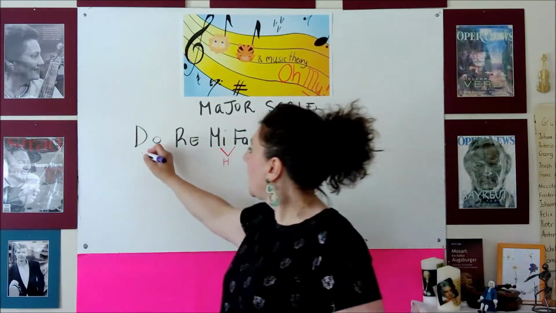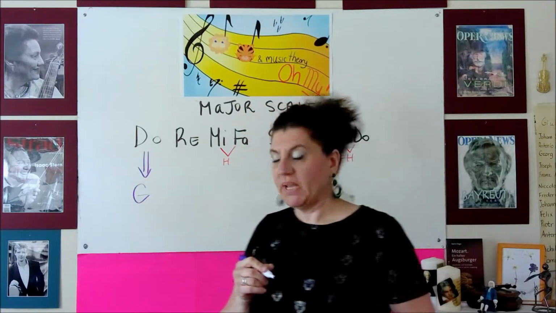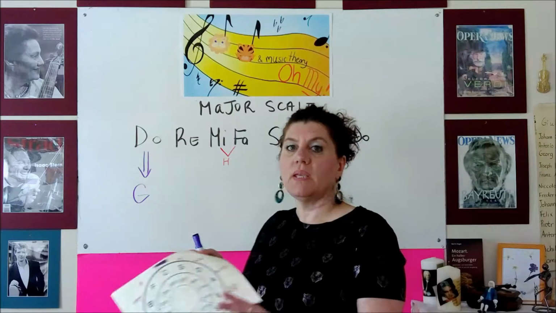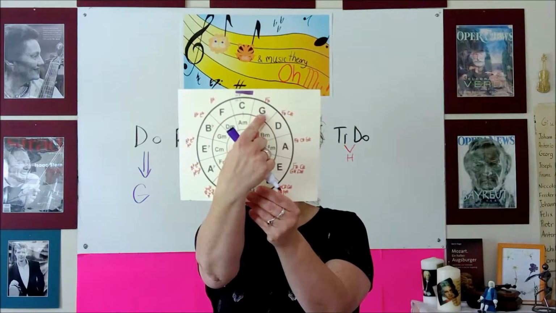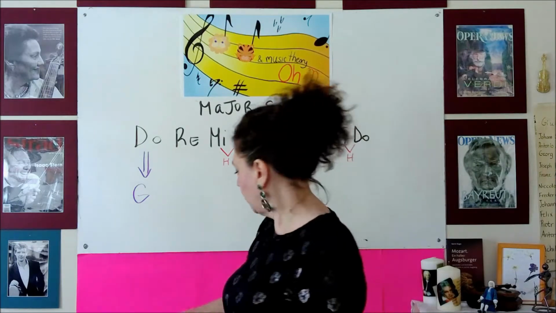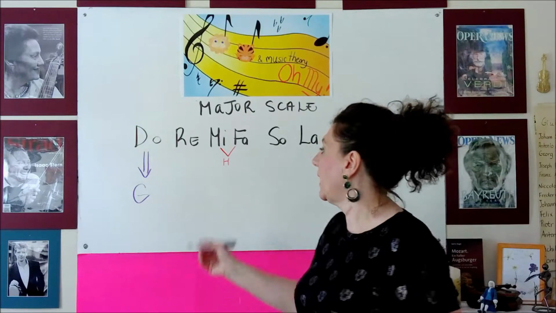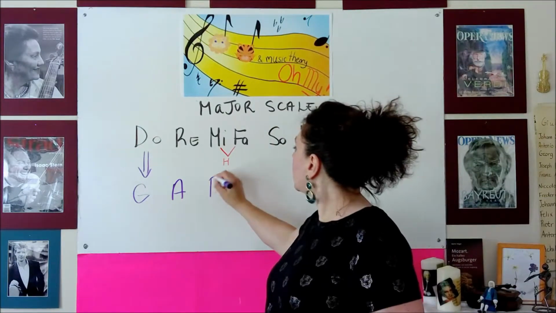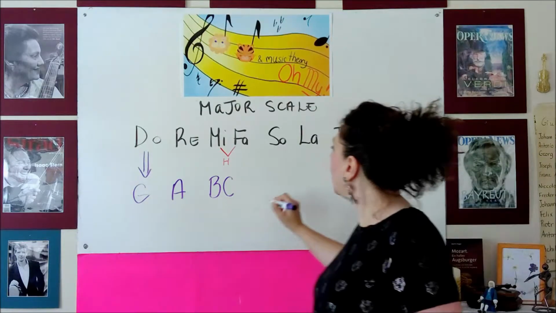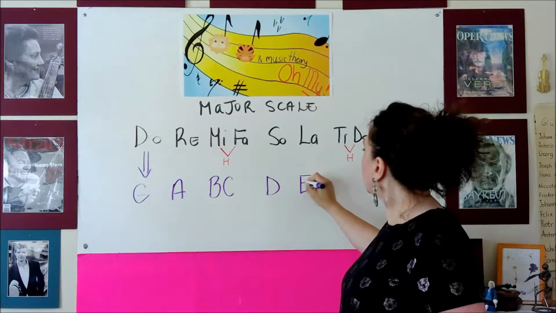So with that being said, I'm going to go on a simple trip with you guys. Let's say that Do equals G, right? If you look at the circle of fifths, G is right here. It's the next scale after C. So if G equals Do, then A equals Re, B equals Mi, C equals Fa, D equals Sol, E equals La.